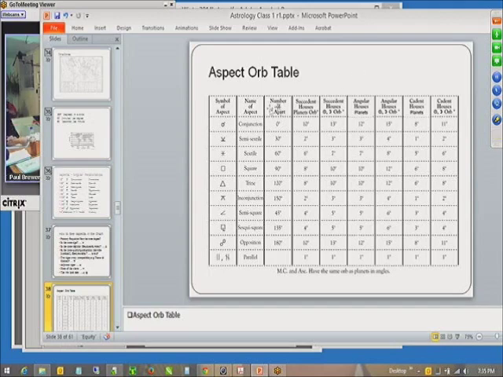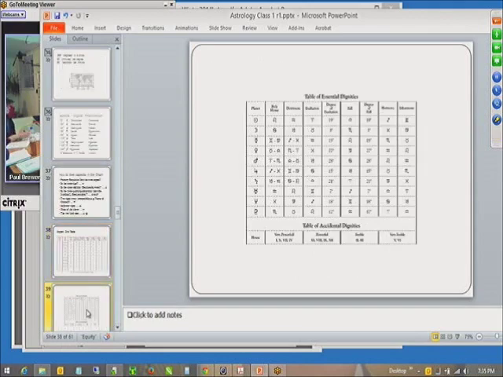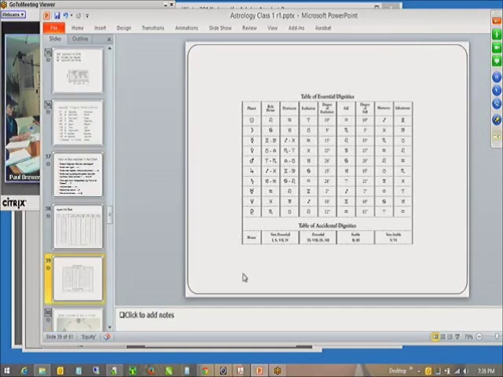Okay, now the other thing I want to talk about is essential dignity. Here it is, the table of essential dignities. This is probably pretty hard to see. It's in Course 8. You'll find it. What the table of essential dignities shows is that planets express better in some signs than others. For example, Leo is the home sign of the sun.